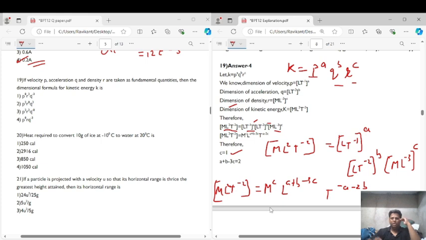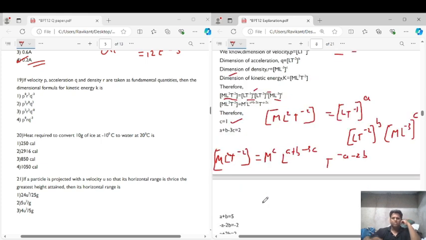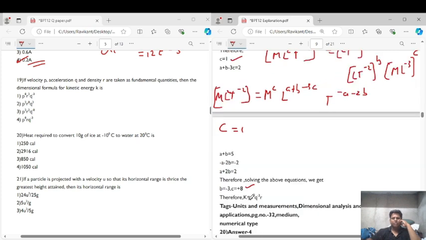Now comparing the powers, we get c is equal to 1, a plus b minus 3c is equal to 2. Putting c is equal to 1, we get a plus b is equal to 5. And for the power of t, minus a minus 2b is equal to minus 2, that is a plus 2b is equal to 2.